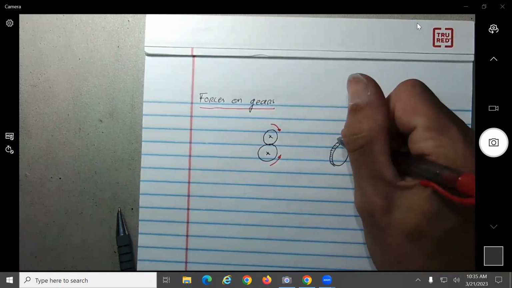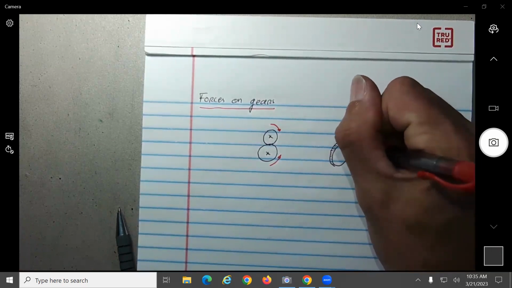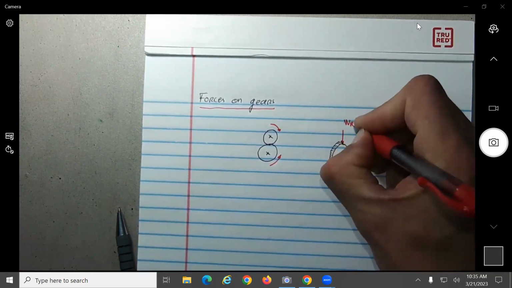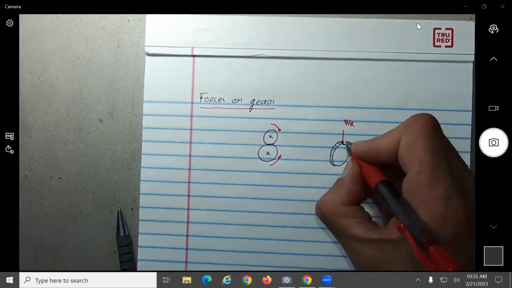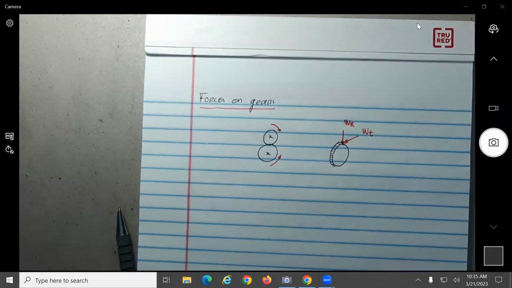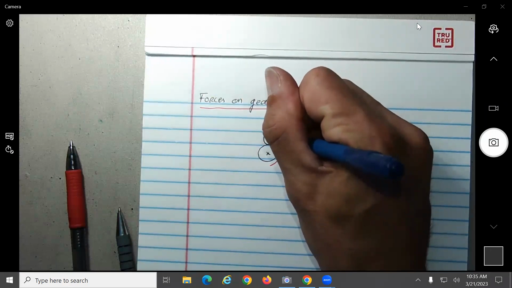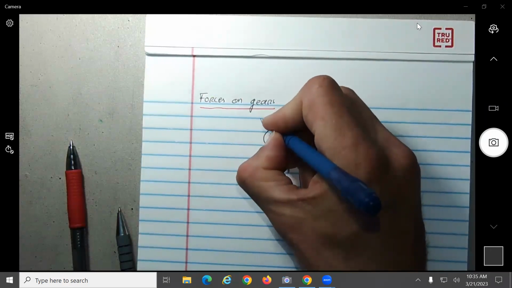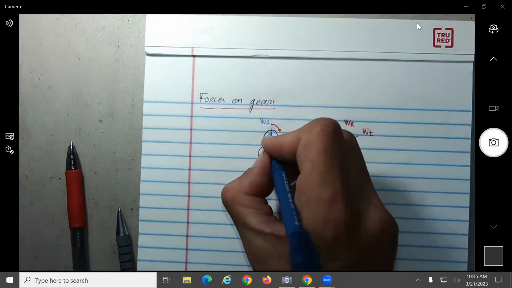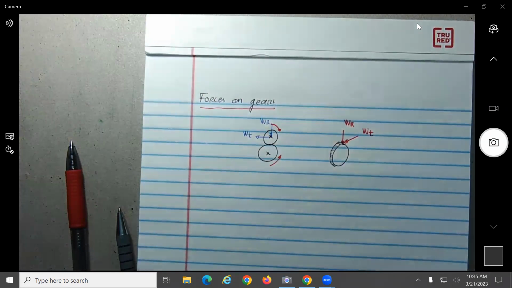Okay, so obviously there are teeth on the gears. So let's say that when you apply the force over here, we can break this force into a radial force and a tangential force. So if I put it over here, this will be the radial force that goes to the center, and now this will be the tangential force.